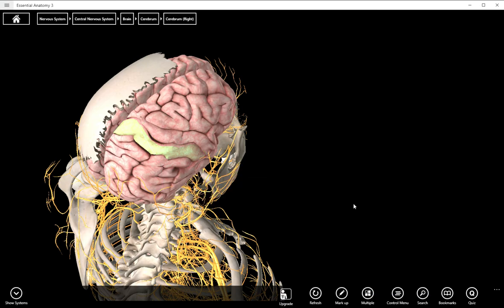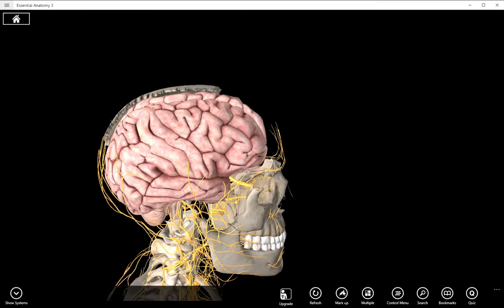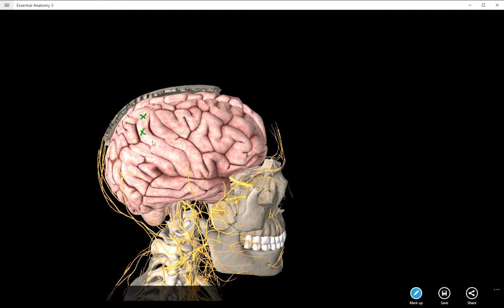So on a quiz, if I were to say, identify this structure, your biggest clue is where is this gyrus in relation to the central sulcus. So if it's behind the central sulcus, it is called the postcentral gyrus, and if it's in front of the central sulcus, it's called the precentral gyrus.